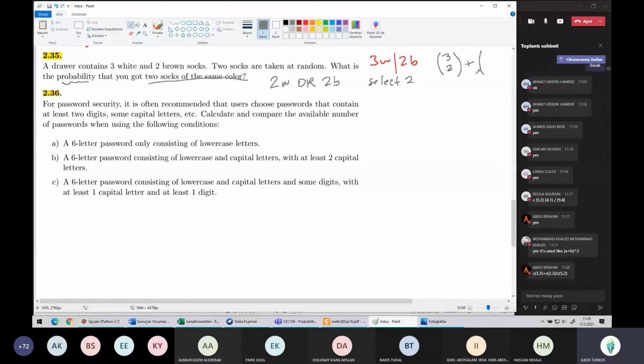This is the white combination and this is the brown combination, over the sample space: 5 socks, choose 2. The first part corresponds to 2 whites and the second part corresponds to 2 brown socks. Okay?